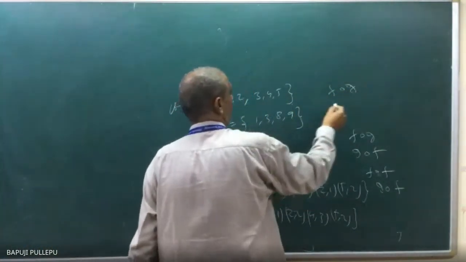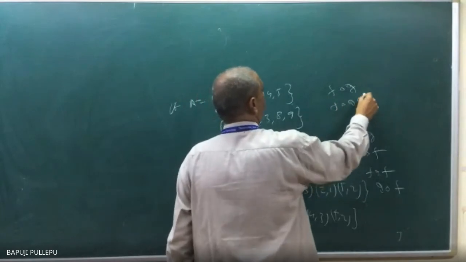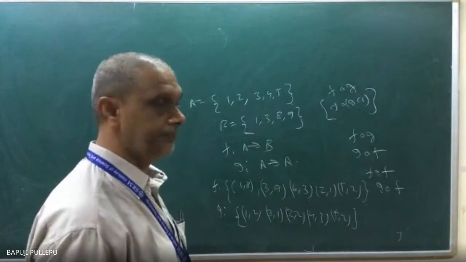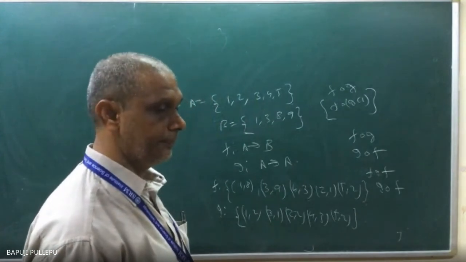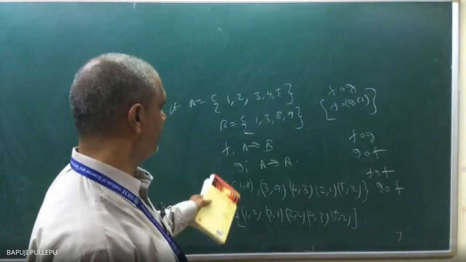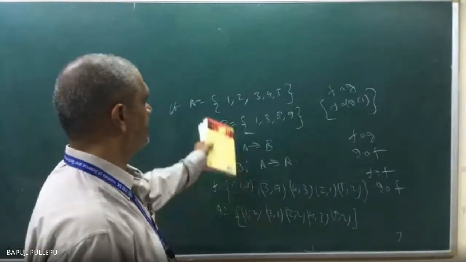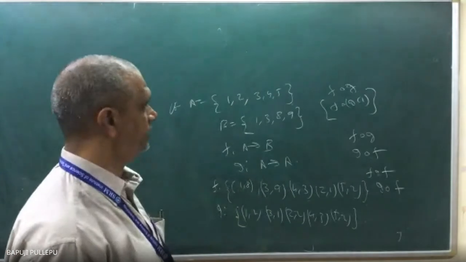First you can find F of G of 1. G of 1 is what? G maps A to A, so take G of 1. G of 1 maps to 2.